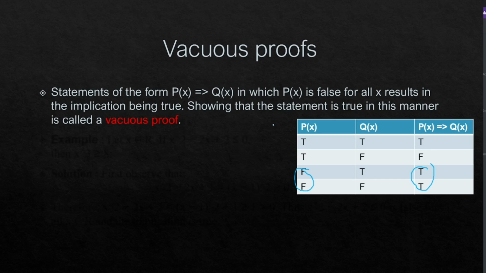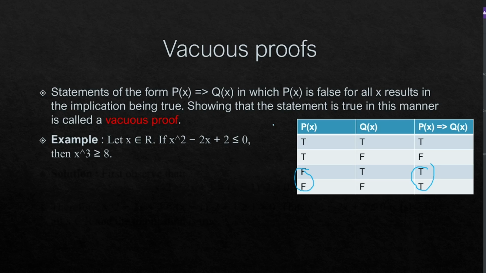So we can have an example of this. We let X be an element of the real numbers, and if we have this inequality, then we have another inequality. You can read this for yourself. What we are doing here is observing the first part, the first condition of the implication.